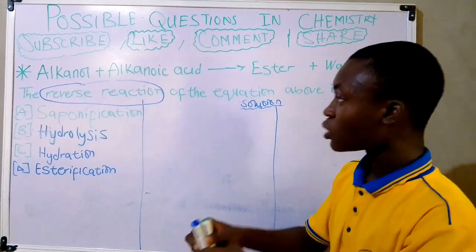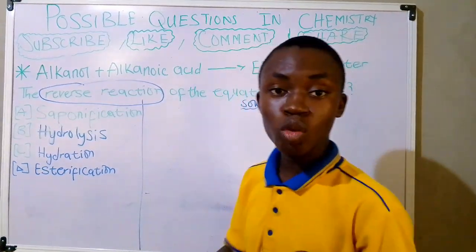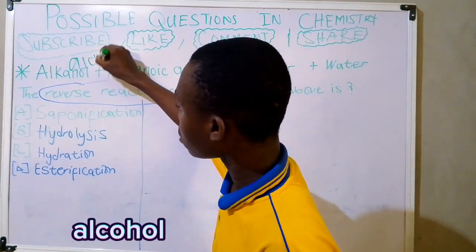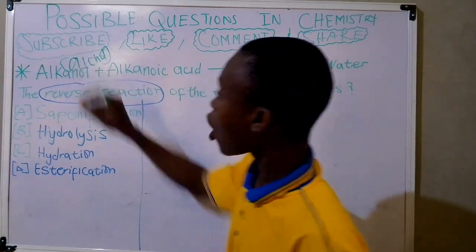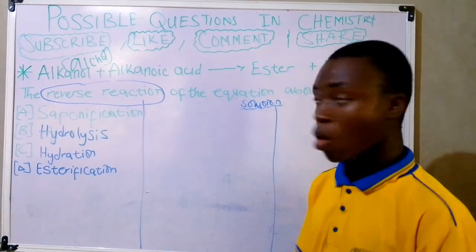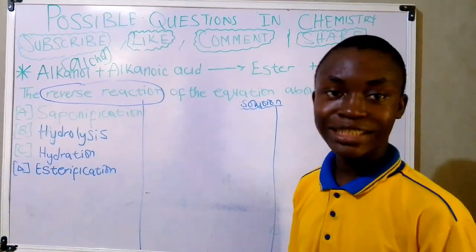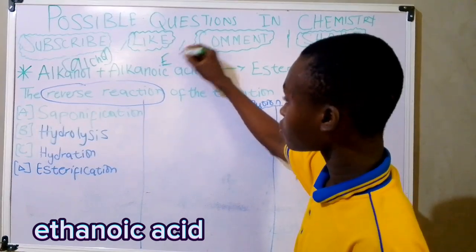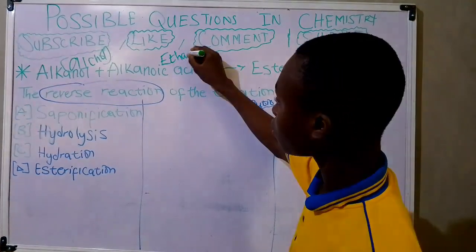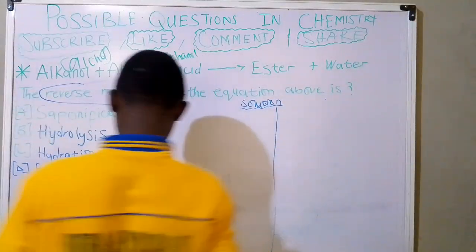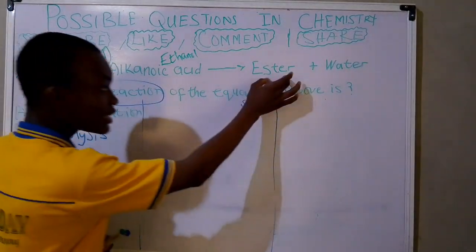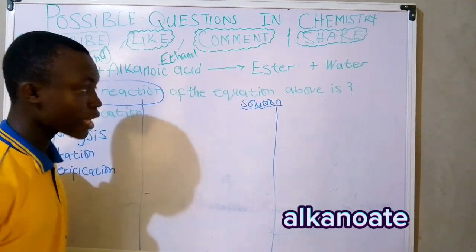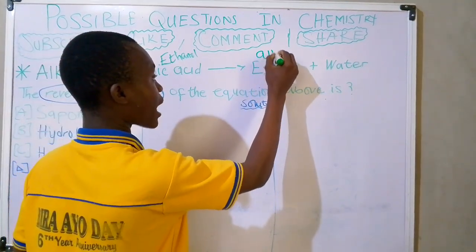Now, an alkanol is also known as an alcohol. An alkanoic acid is also known as ethanoic acid. The ester is also known as an alkanoate.